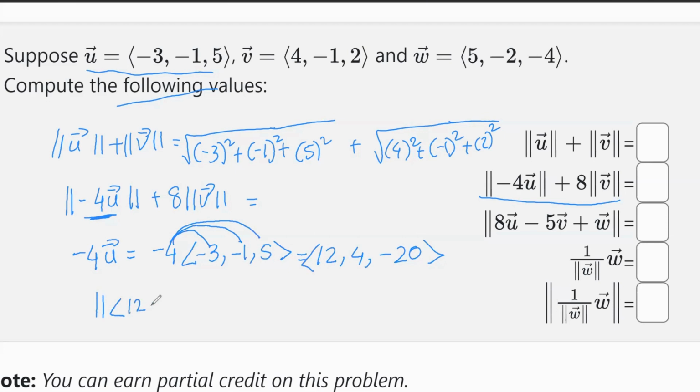It's going to be 12 squared plus 4 squared plus -20 squared.